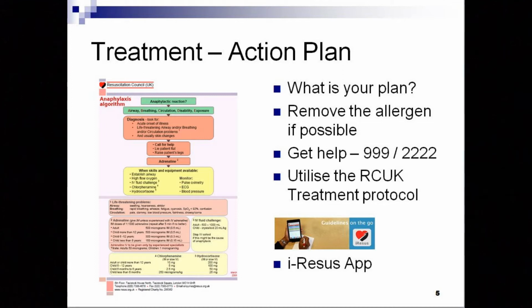You then need to get help. If you work in the community, dial 999. If you work at Conquest or Eastbourne DGH, you need to dial 2222 and ask for a cardiac arrest team, even though the patient hasn't had a cardiac arrest yet. Follow the Resus Council protocol until help comes and/or the patient improves.